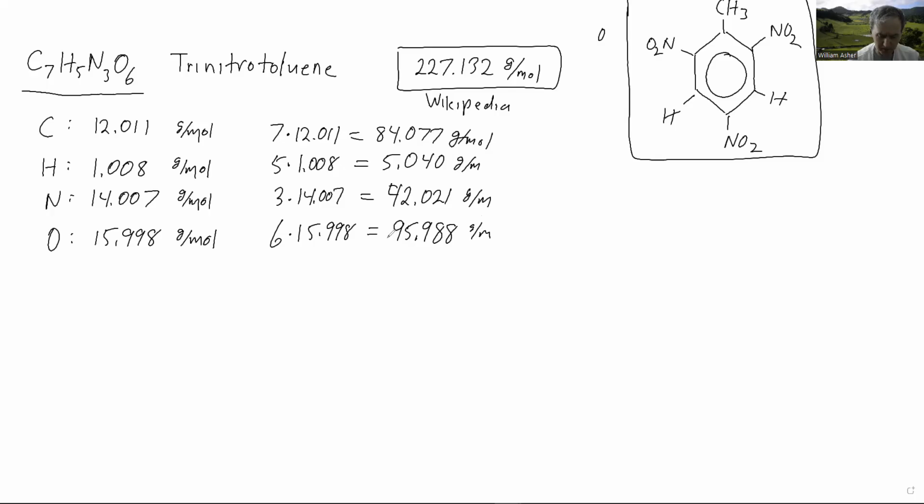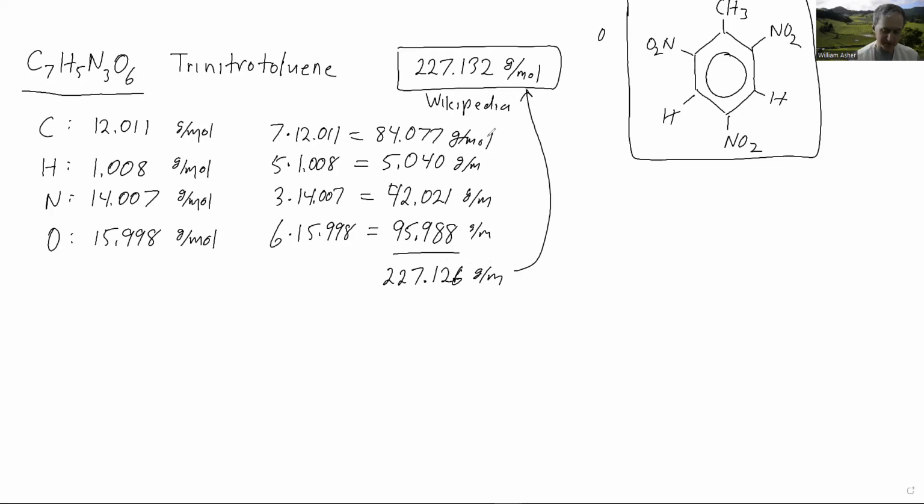So if I sum all of these 4 numbers up, 95.988, 42.021, and then 5.040, and then 84.077, I get 227.126 grams per mole, which is pretty close to what was on Wikipedia.